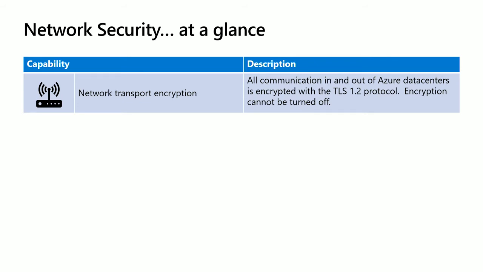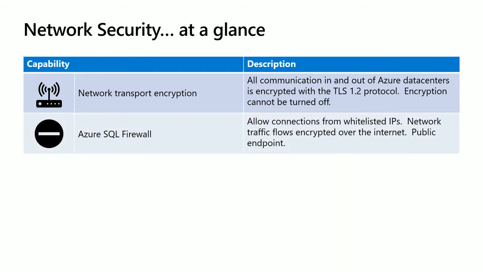Even if you have a client tool that can disable encryption, we ignore that and we still pass encrypted packets back to clients. Azure SQL Firewall, again, the ability to whitelist IPs or a range of IPs. Once you get in and you're in through the firewall, then traffic is flowing encrypted over the internet through your public endpoint.